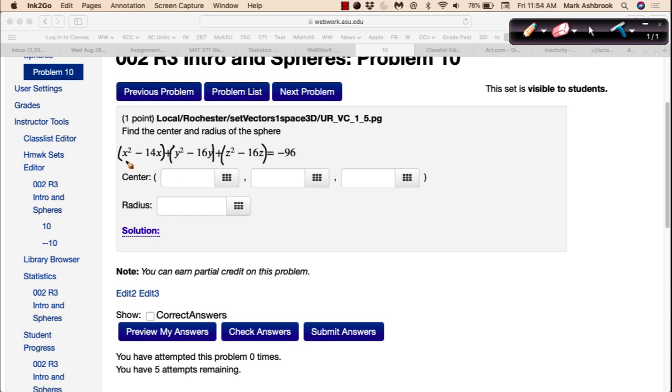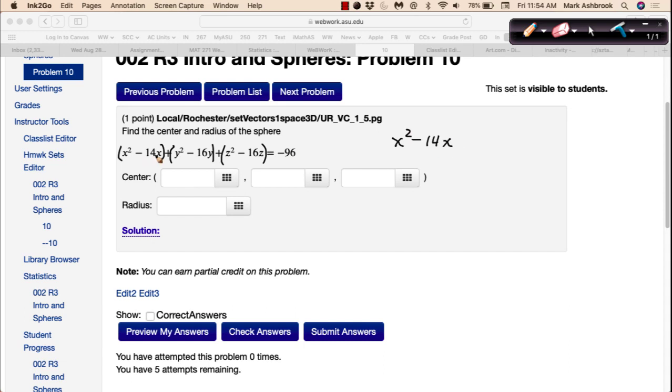So how do you complete the square? If you have a coefficient 1 on the quadratic term, then you take half of the linear coefficient and square it. Half of the linear coefficient squared and add that on, and that completes the square. So it'd be x squared minus 14x.